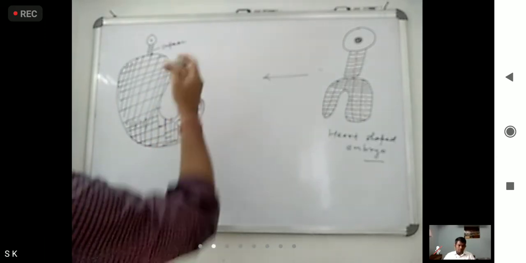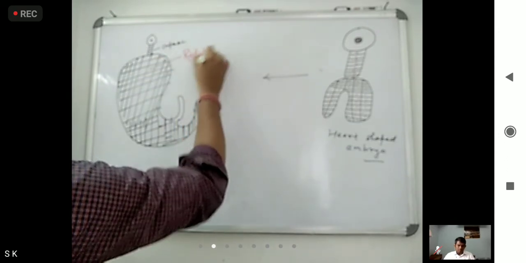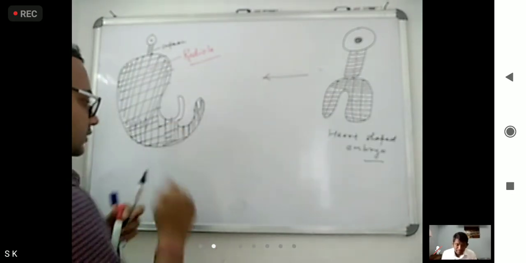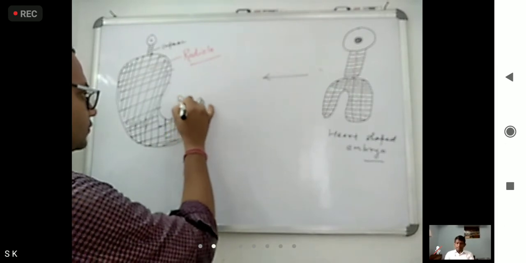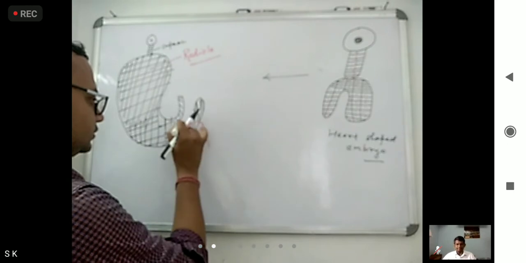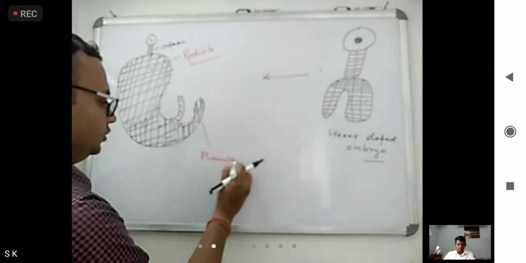So this part is radical. Okay. Where it is joined here, this is known as a plumule. This portion it is known as plumule. Okay.